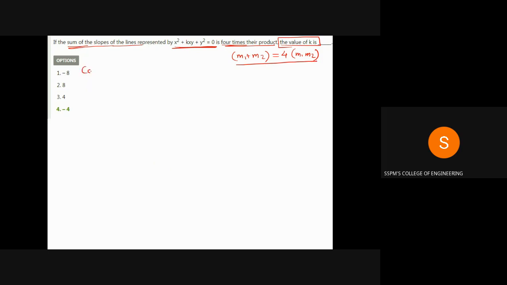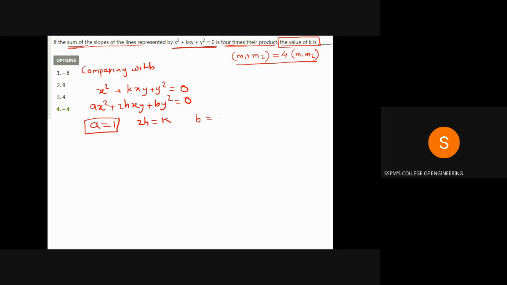Now again we will compare with the standard form. Comparing x square plus kxy plus y square is equal to 0, which is our given equation, with the standard form ax square plus 2hxy plus by square is equal to 0, we will get a is equal to 1, 2h is equal to k, and b is also equal to 1.